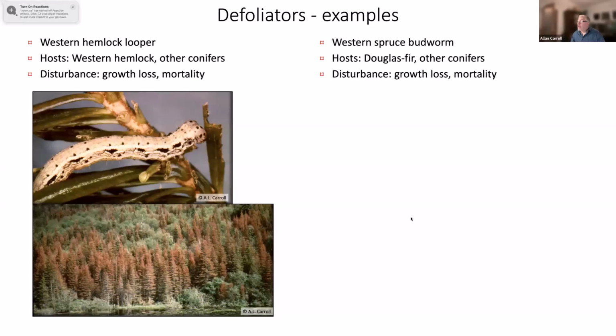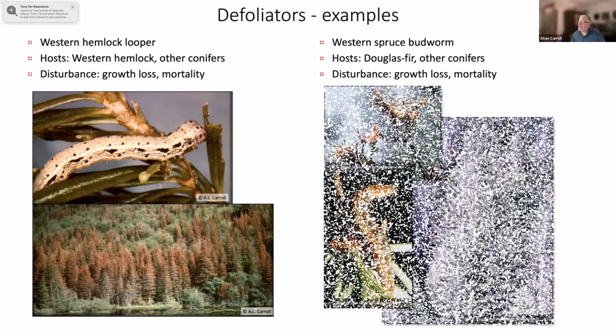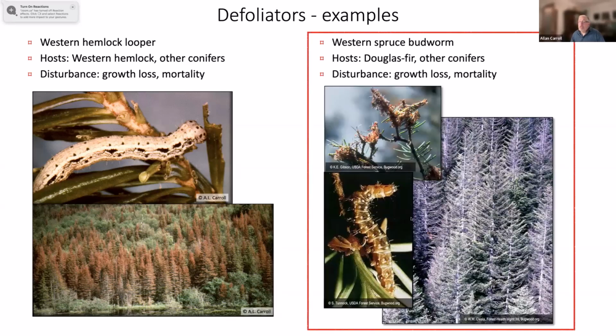And of course, our poster child for today, the Western spruce budworm, has a primary host of usually Douglas fir, a couple of others, and it too is capable of causing growth loss and mortality. And this is the one that I want to focus on and give you a bit of insights as to what's been going on recently.